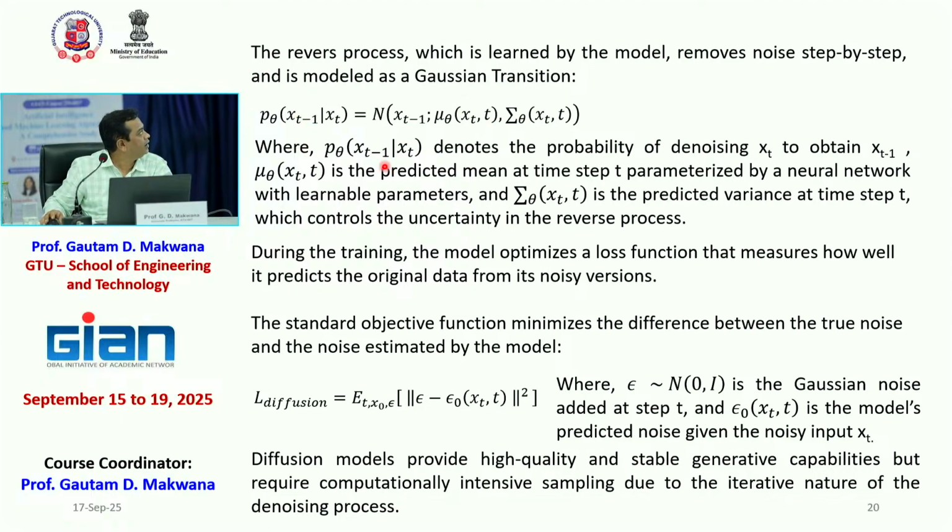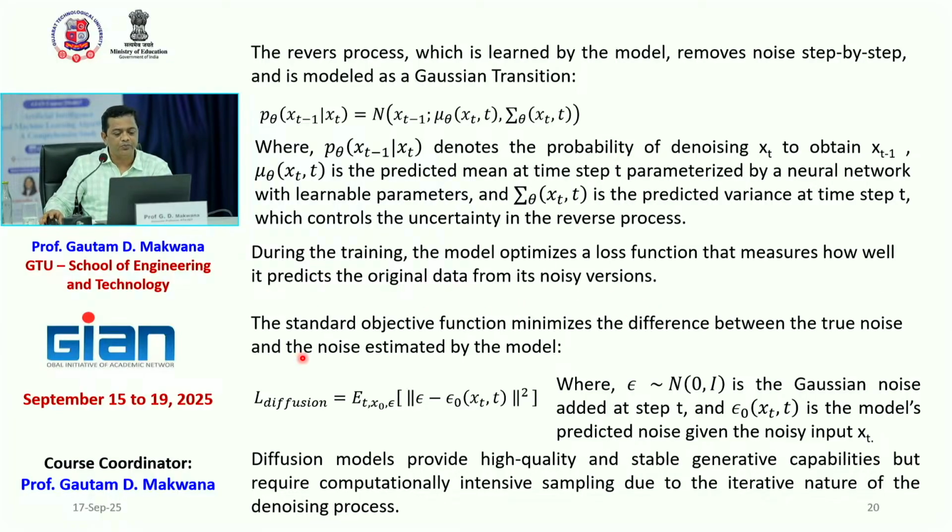So here p of theta of x t minus 1 given x t is given by the normal distribution of x t minus 1 with mean mu theta of x t and t, and covariance of x t and t. During training, the model optimizes a loss function that measures how well it predicts the original data from its noisy versions.